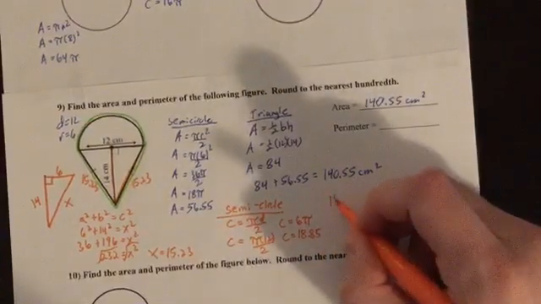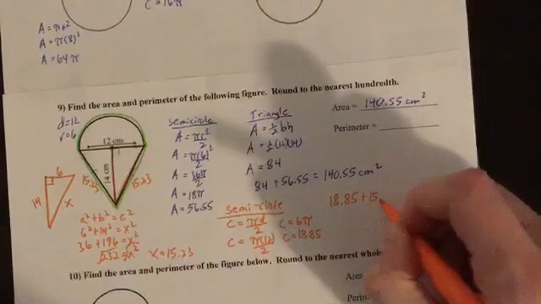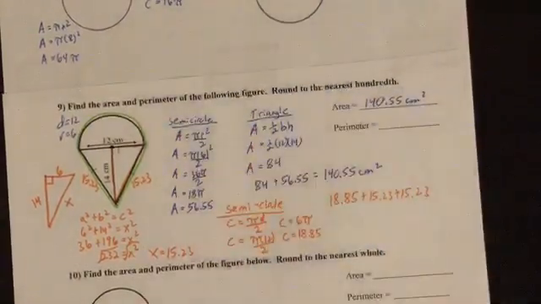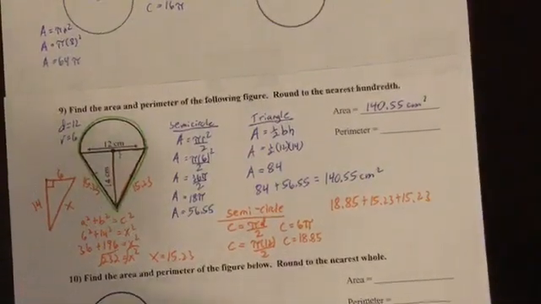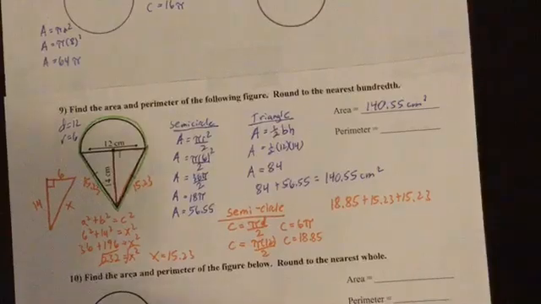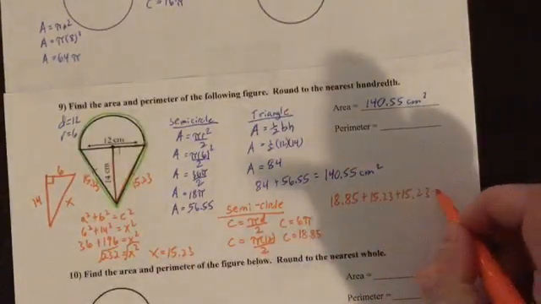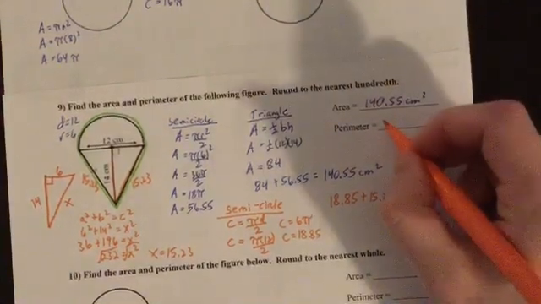Now to get our perimeter, we're just going to add the circumference plus the two sides of the triangle. So 18.85 plus 15.23 plus 15.23 gives us 49.31 centimeters.